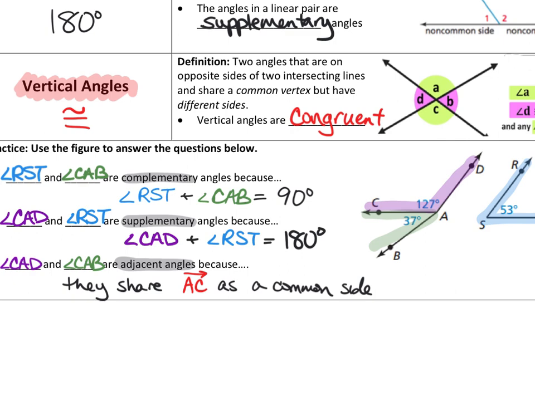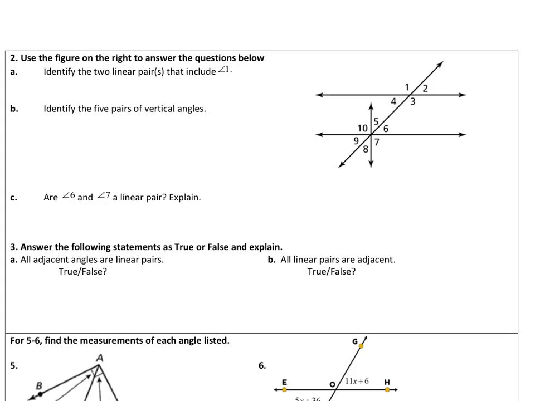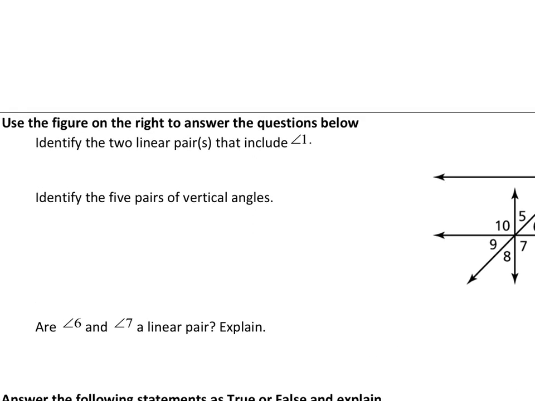Are we feeling okay about this vocabulary? So these are the kind of questions you might see in this unit. We're going to use this whole figure, a lot of things happening over there, to answer these questions. The first thing says, identify the linear pair that includes angle 1. So we're going to identify 2 linear pairs that include angle 1.